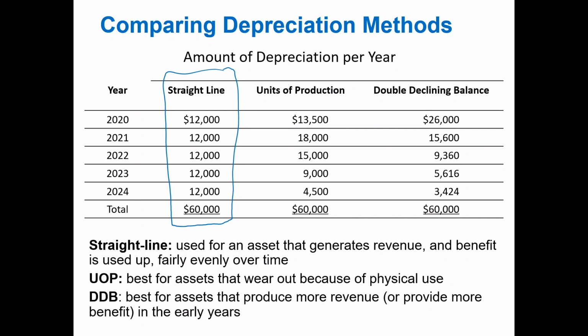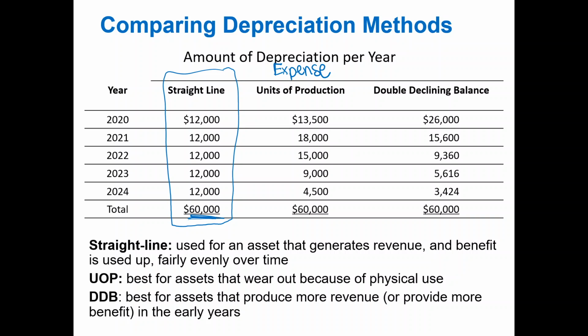So every year we recorded the $12,000, and that got us our full depreciation or amortization equal to the amortizable cost. So we got to $60,000, which makes sense because the amortizable cost was $60,000.